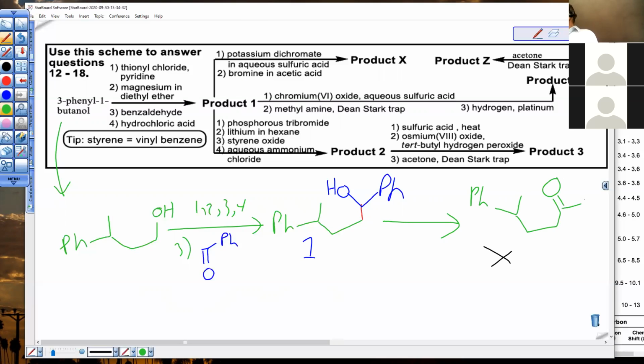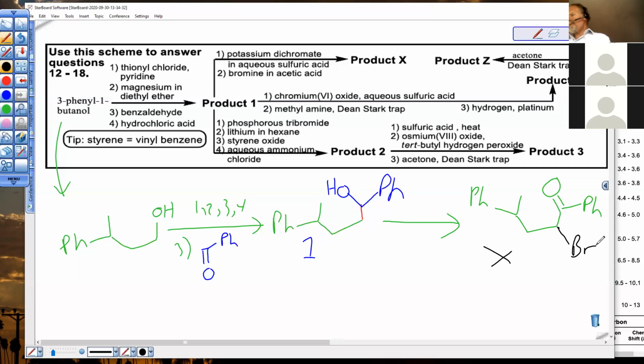Step 1, ketone. Step 2, alpha halogenation. When it's bromine and acetic acid, you get 1 halogen. You can't do alpha halogenation on the phenyl because there's no hydrogen there. You'd have an octet violation. You put a bromine there. There's product X. I bet product X gets used some other time, but maybe not. Okay, it doesn't. It's just a final product.